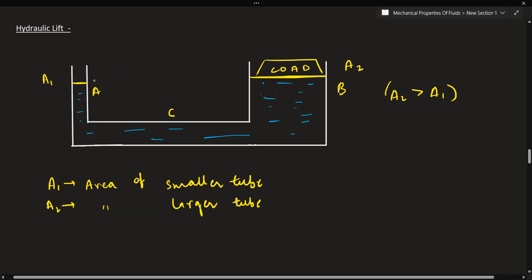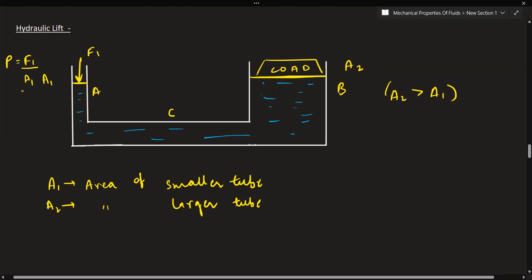So see, when downward force F1 is applied to the smaller piston, let's say this A piston, the pressure of liquid under this piston increases to, what should be the pressure? F1 is the force, downward force acting, A1 is the area of cross section. P should be F1 by A1. Yes, F1 by A1.